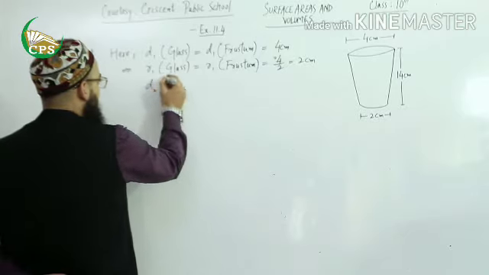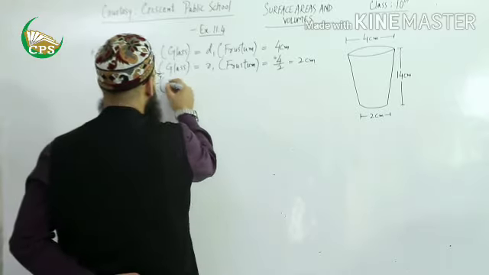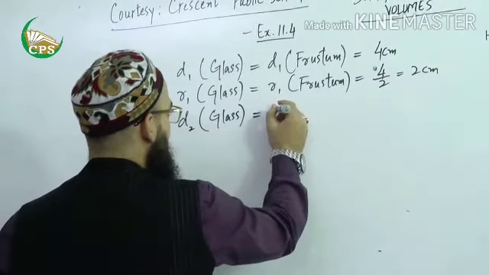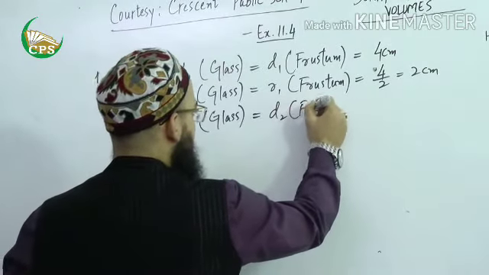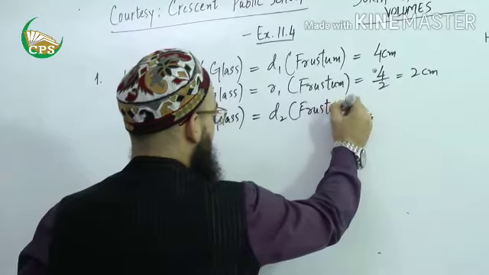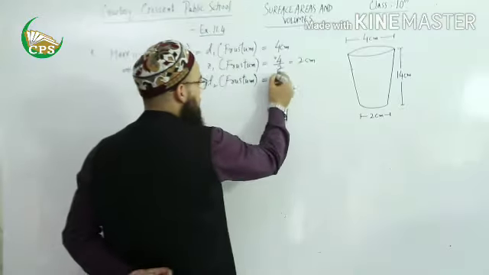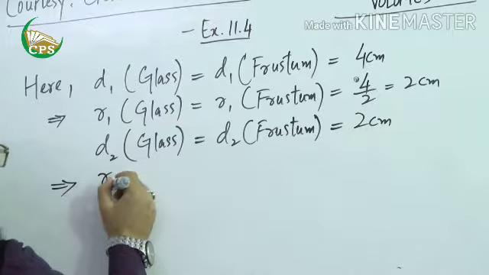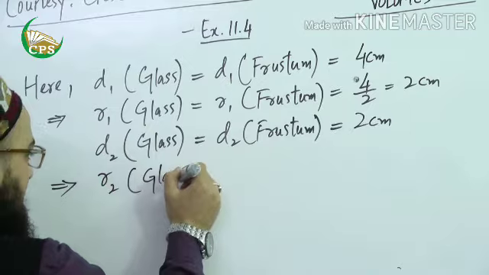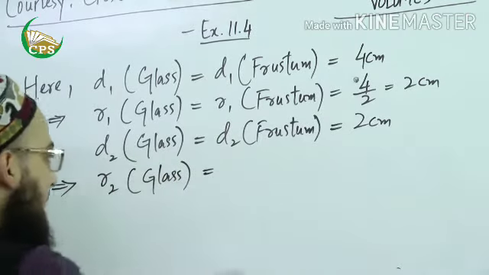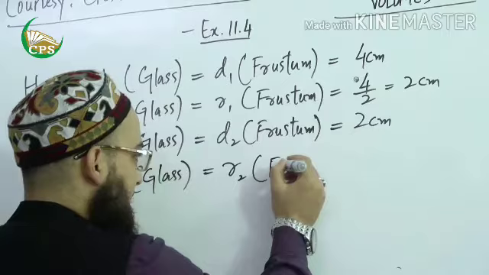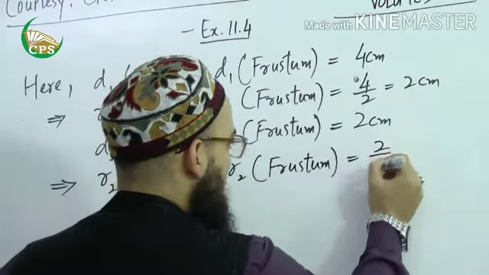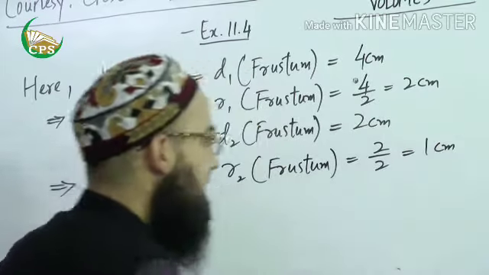Then D2, the lower diameter, D2 of glass is nothing but D2 of frustum, and that is 2 centimeter, which implies that R2 of glass is equal to R2 of frustum is equal to 2 divided by 2, that is 1 centimeter.